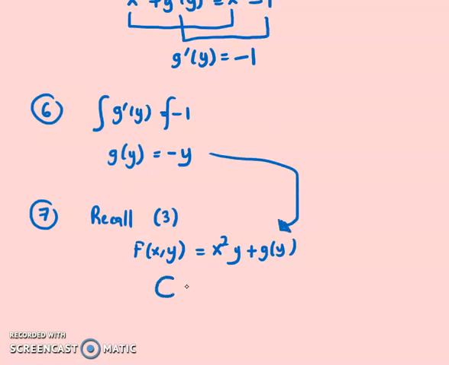So we have a constant c: x squared y minus y equals c. Simplifying this will give me y equals c over x squared minus 1. So this is our solution when the exact equation or differential is given.